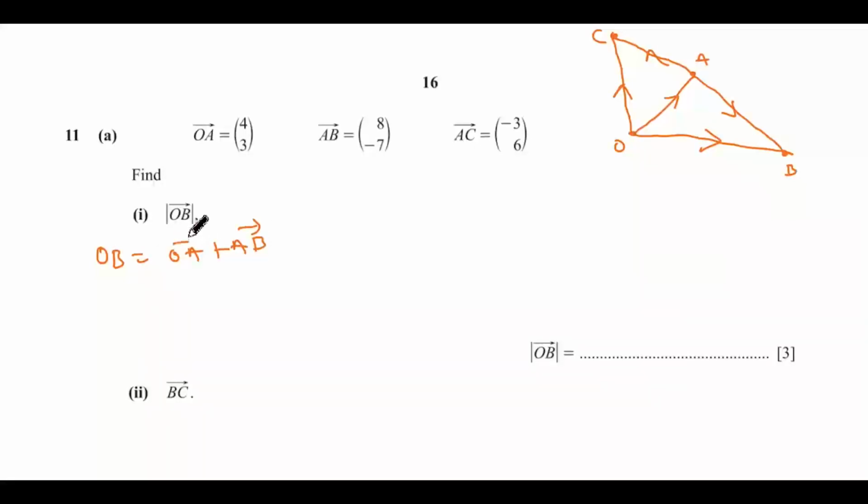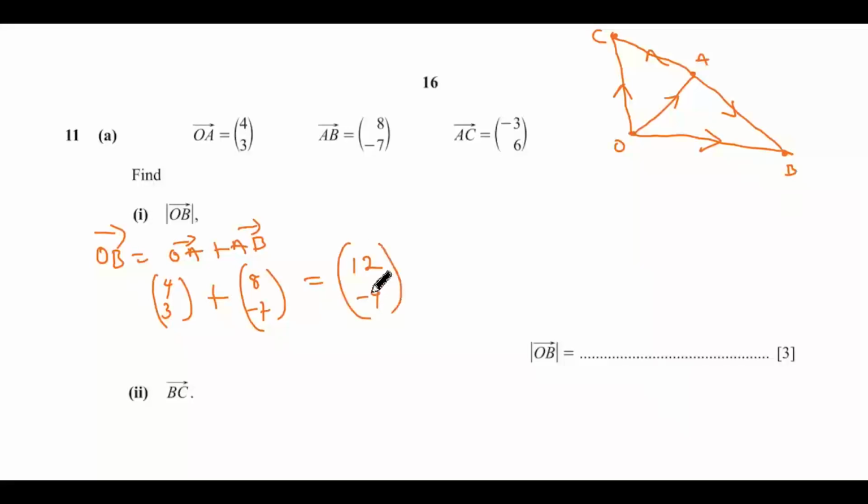It is very clear there. So we have OA as 4, 3 as a column vector, plus AB, which is 8, negative 7. If you add them together, 4 add 8 gives 12, and 3 plus negative 7 gives negative 4.